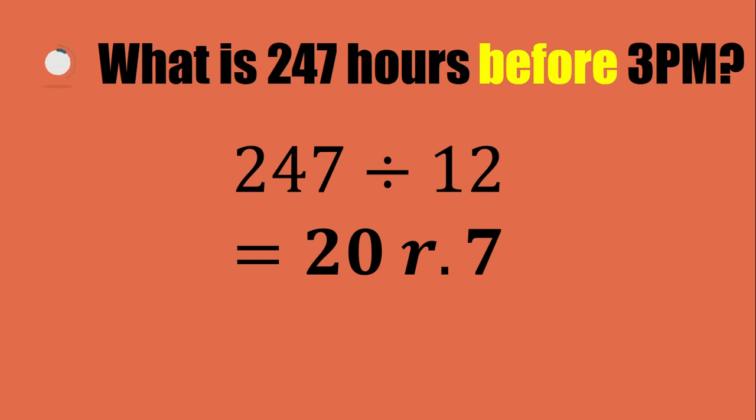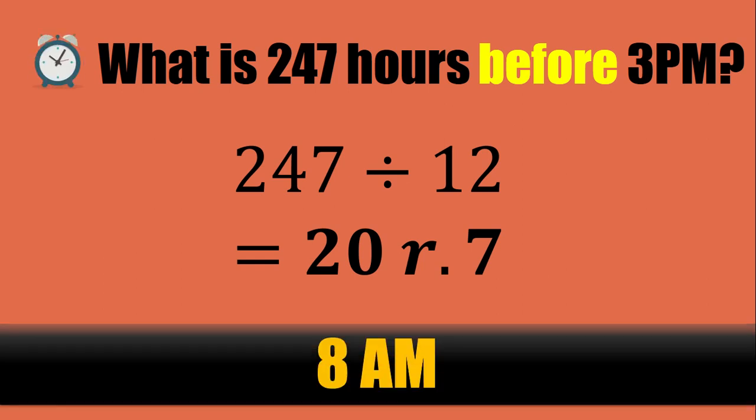So from 3 p.m., you go back 7 hours: 2 p.m., 1 p.m., 12 p.m., 11 a.m., 10 a.m., 9 a.m., then 8 a.m. So what is 247 hours before 3 p.m.? The answer here is 8 a.m.